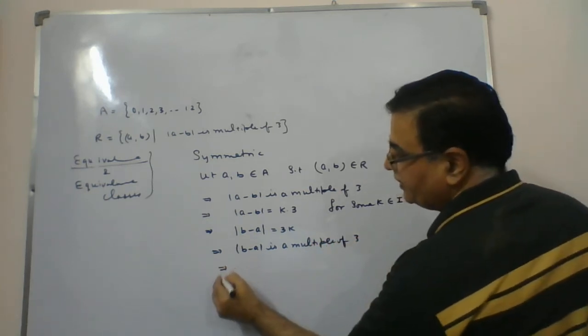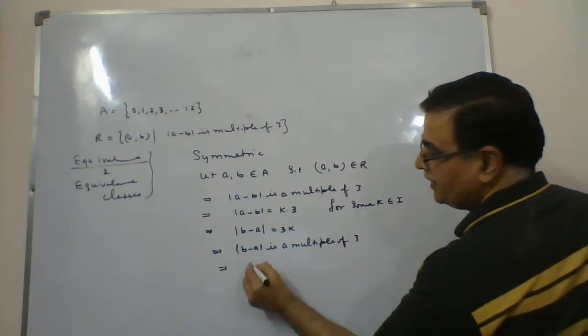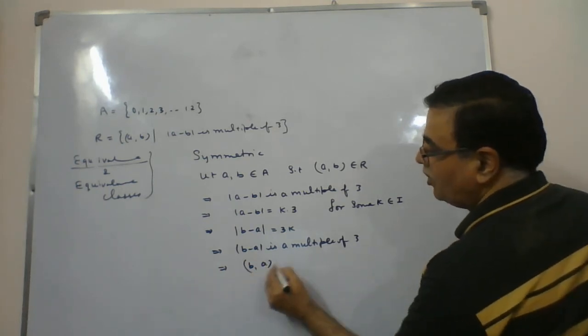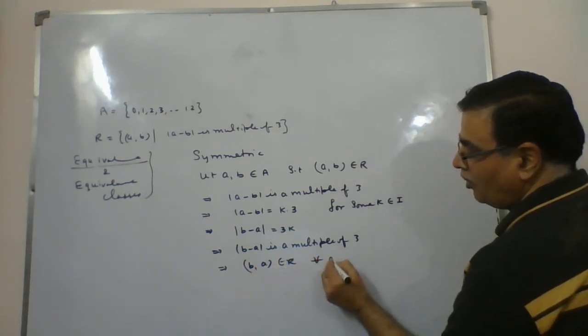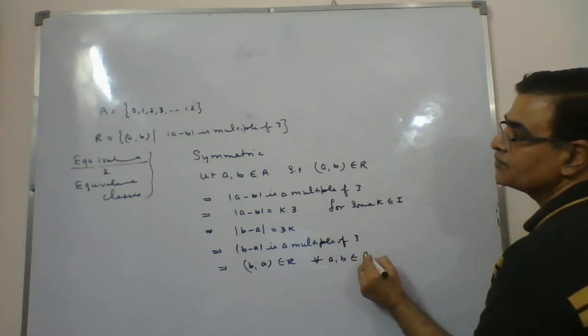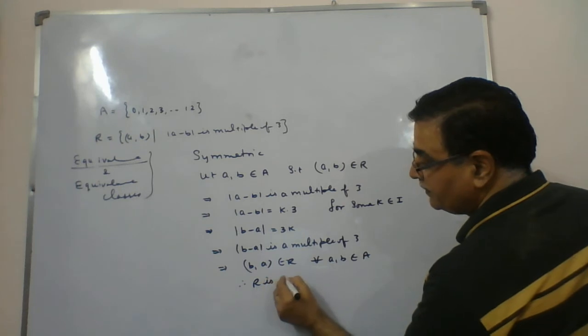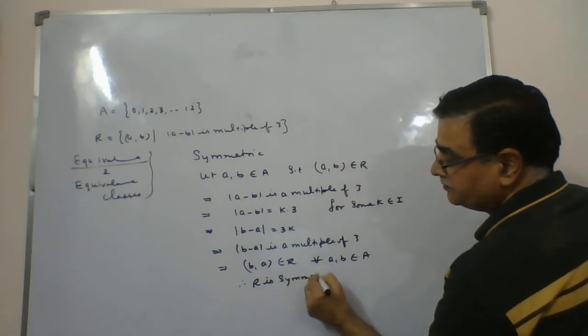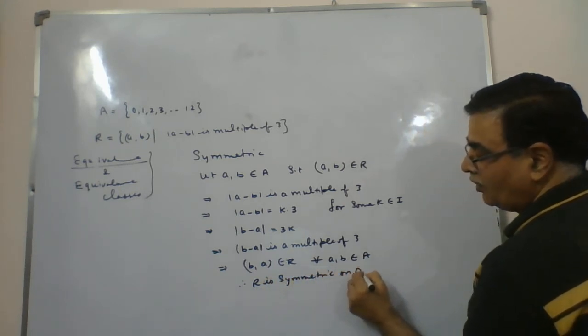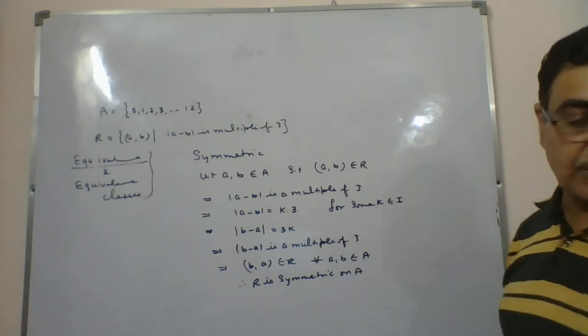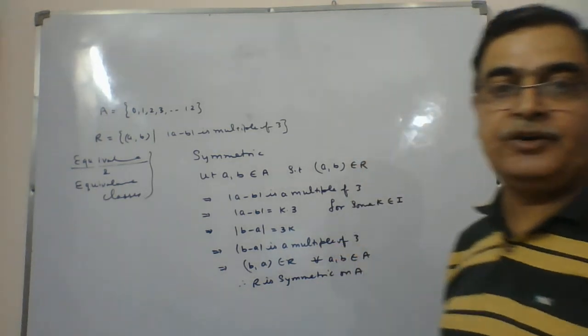And if this is taking place, we should say (B, A) belongs to R for all A and B belonging to set A. Therefore, R is symmetric on A. So therefore, the relation R is symmetric on A.